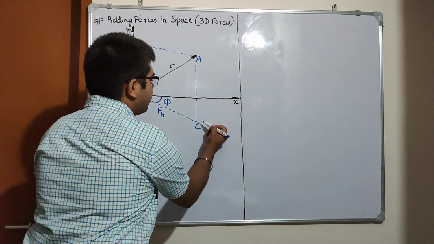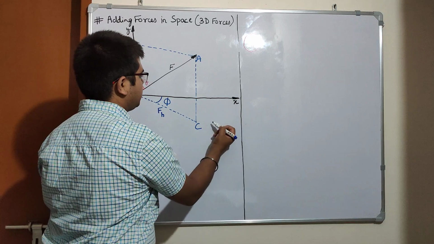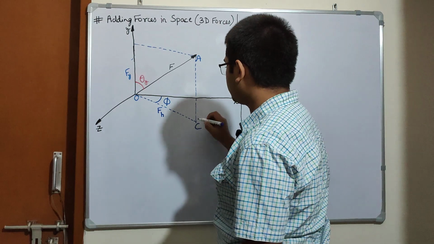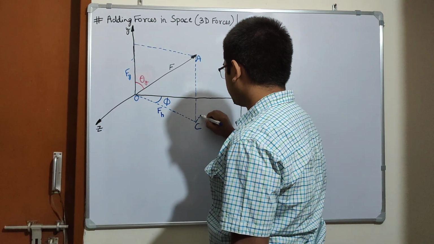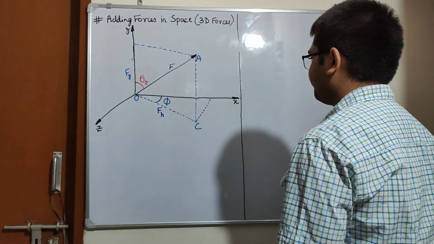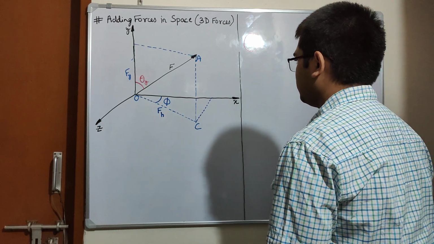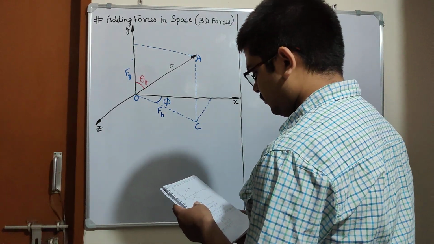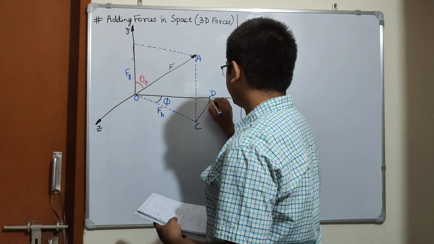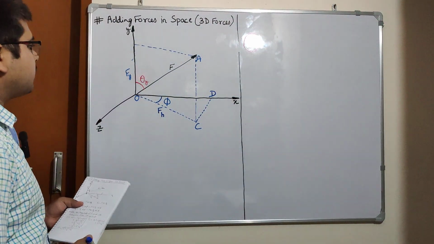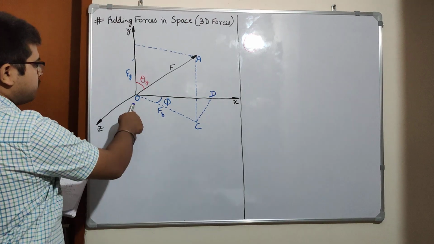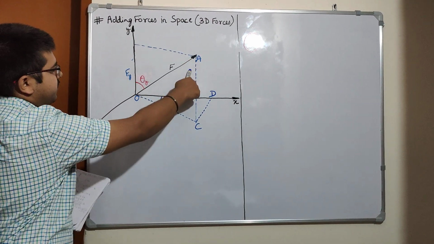Now I'll just drop a perpendicular from point C to the x-axis. It would be parallel to z-axis. So it would be like this. Let's say this is point D. Now I'll just check if all the points are labeled. This is point O, this is point A, and that is our F vector.